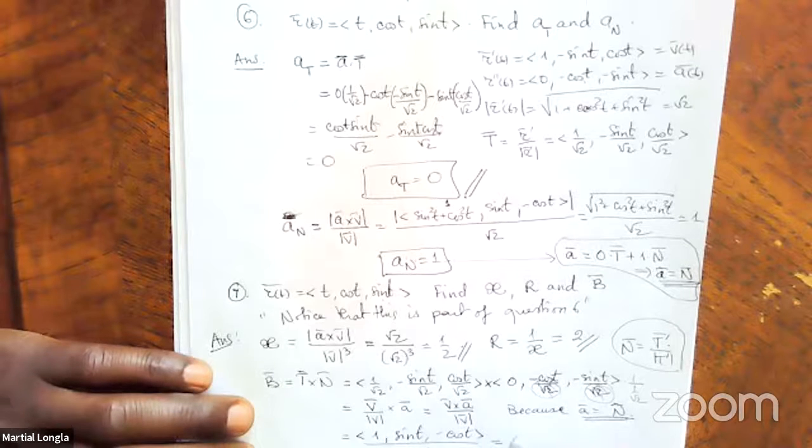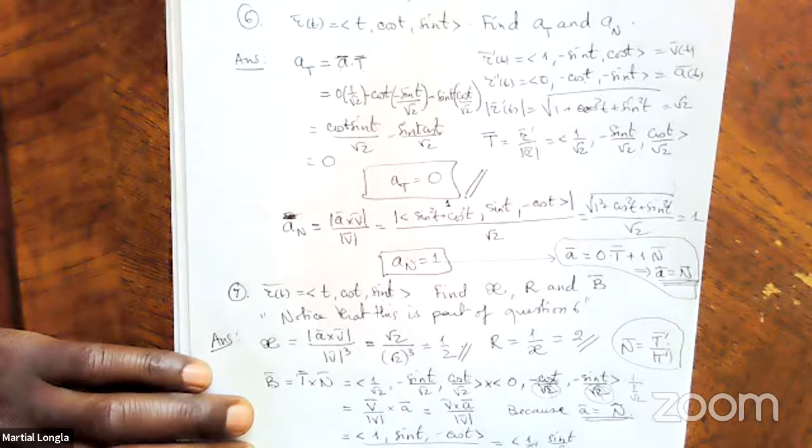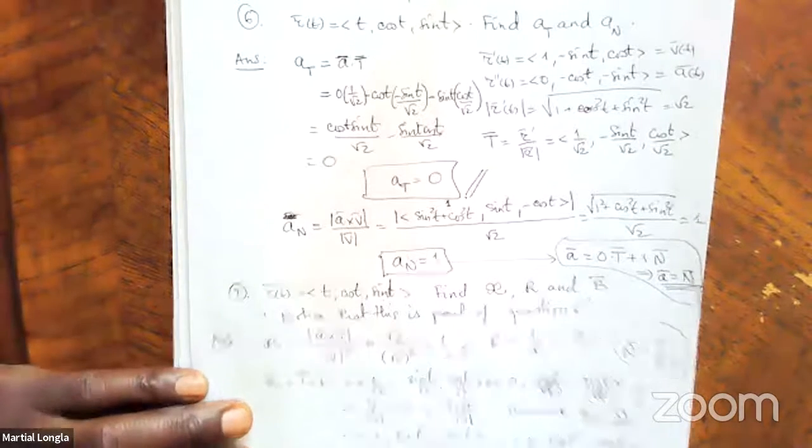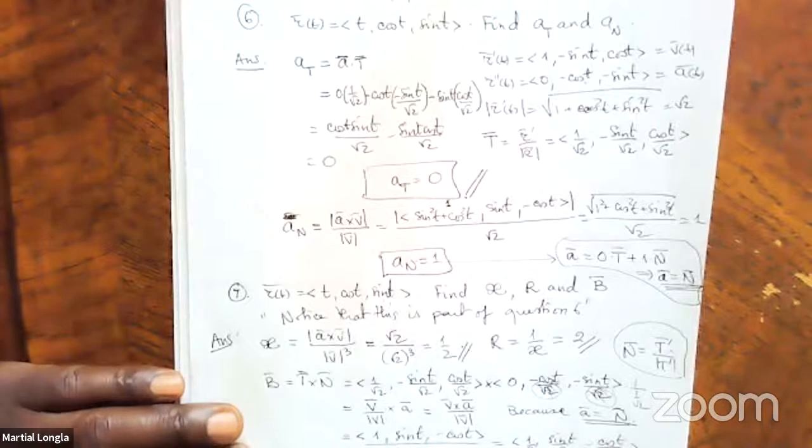So B is 1 over root 2, sine t over root 2, negative cosine t over root 2. Questions?